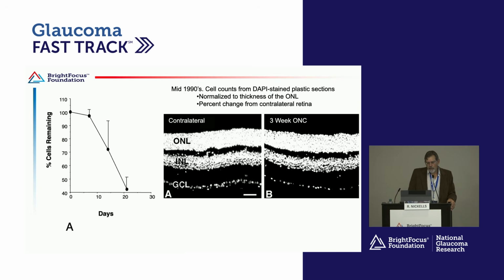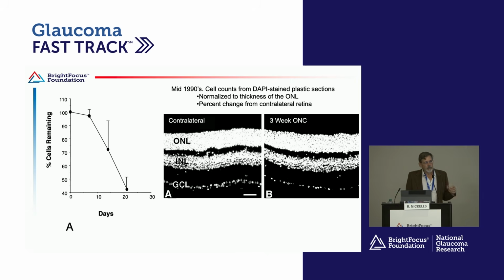So this is a graph and a picture from the very first publication of this. It came out in '99. What we did was we counted cells in the ganglion cell layer using sections of DAPI-stained retinas. And what we found was that we could get a pretty reproducible change in the number of cells in the ganglion cell layer.